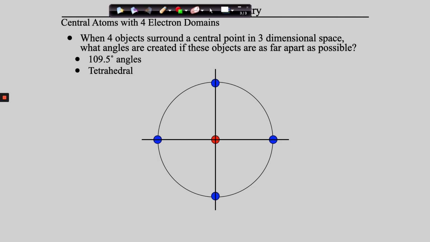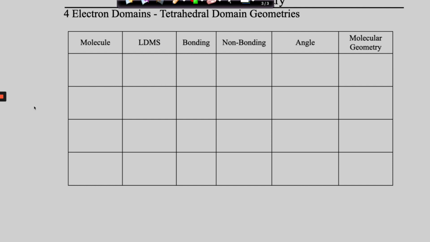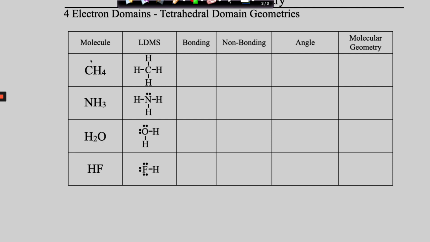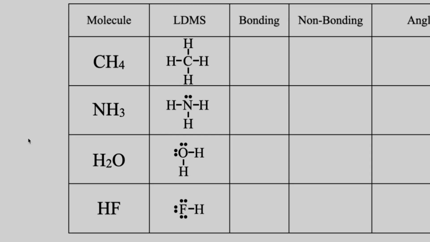All right. So, guys, with that said, let's go down here to our table. And guys, I'm going to give you a huge head start on this. These 4 molecules have something in common. But before we can talk about it, let's draw them. And so, guys, put all of these in your notes: CH4, NH3, H2O, and HF. And then, guys, draw their Lewis dot structures.